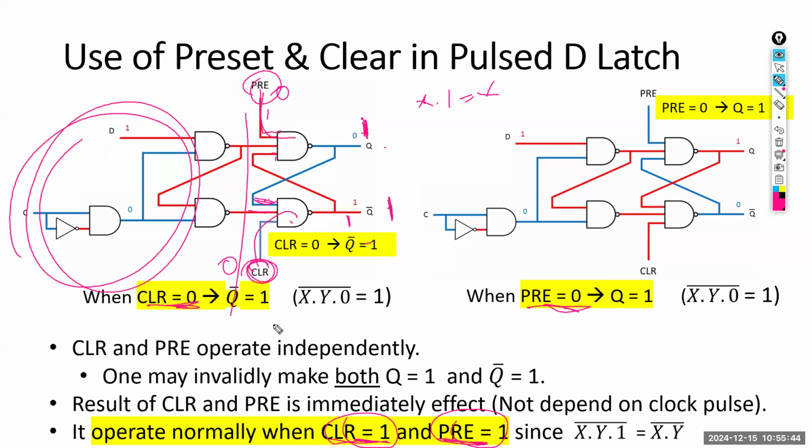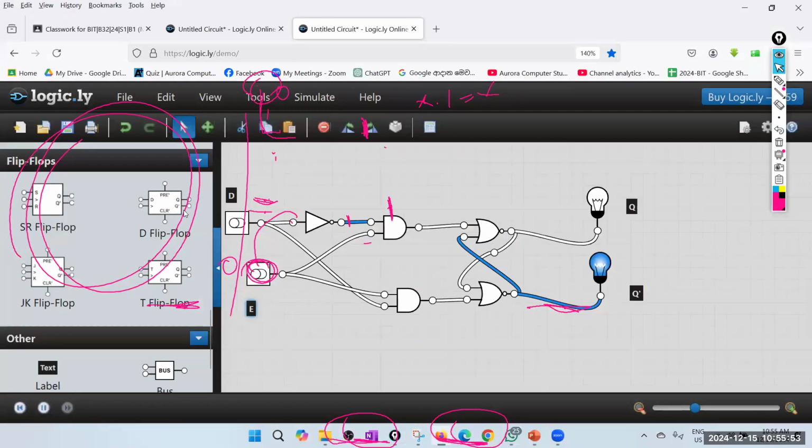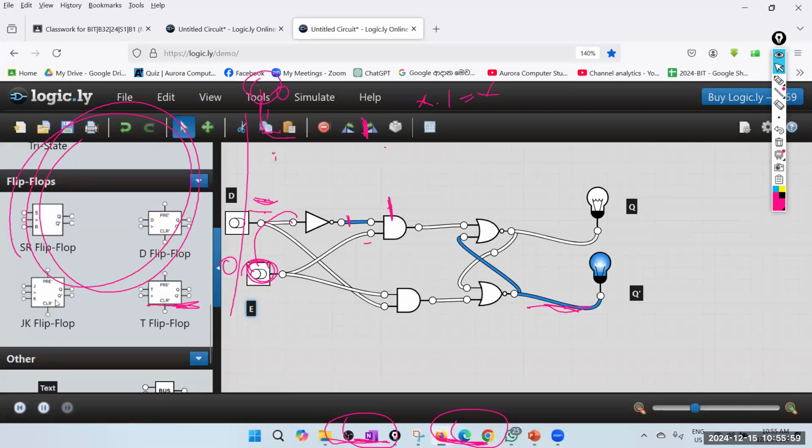So when you look at latches and flip-flops, you will see, if you drag down these SR, D flip-flops and so on, there's a preset, clear. This is the clock signal.